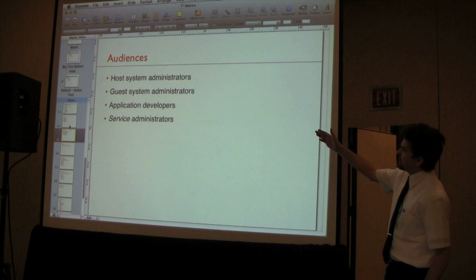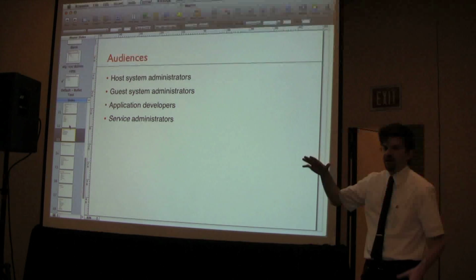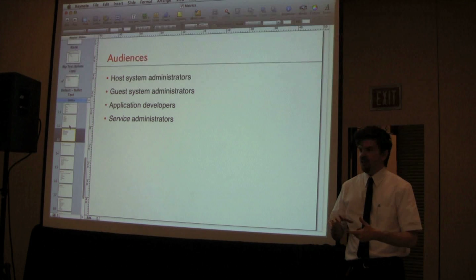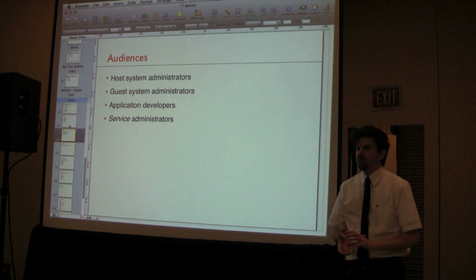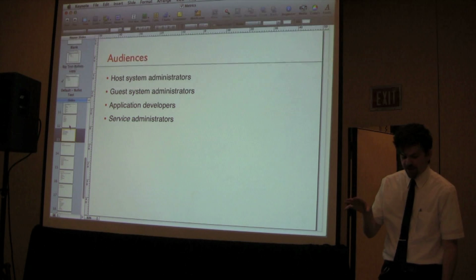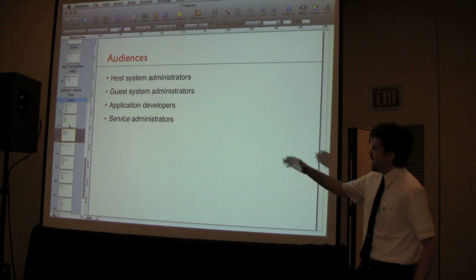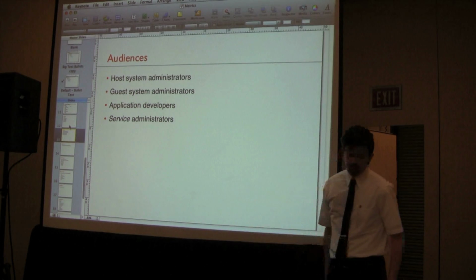For example, host system administrators may care about the resources of an entire system. Guest system administrators care about their virtual resources, and utilization is their primary statistic. Application developers look at latency, and so on.